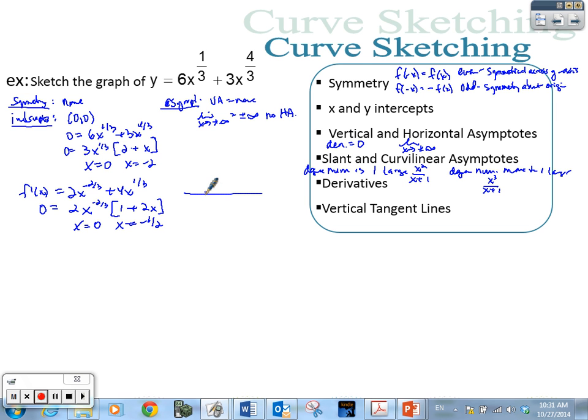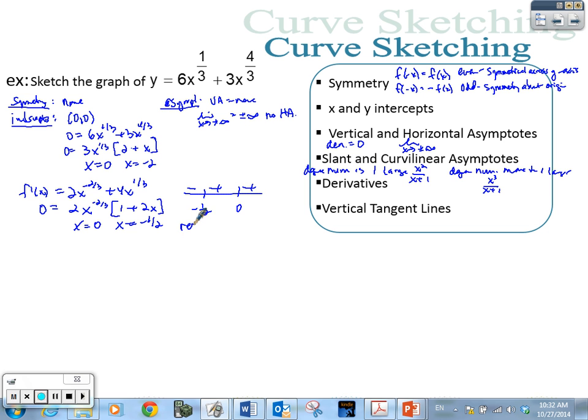So I do my sign chart. I check my signs, and I get negative, positive, positive. So let's see what that means. We have a minimum. We don't have a maximum, do we? We have a minimum at negative 1/2.